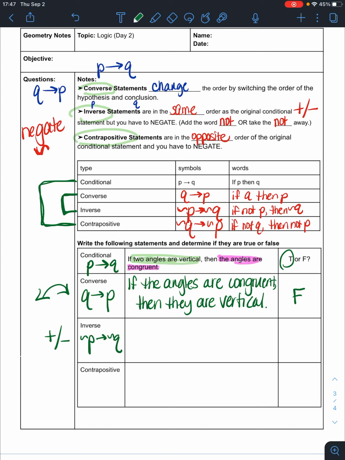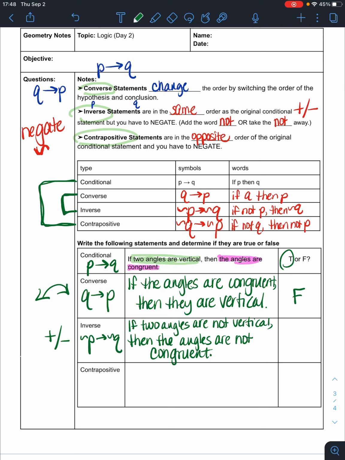If two angles are not vertical, then our original statement said then the angles are congruent. Then we can say then the angles, and we need to negate it, are not congruent.